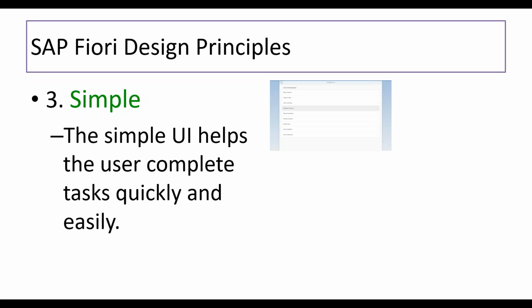So keeping that in mind, when you are designing, make sure you design for the user as simple as possible. Don't try to overwhelm with a lot of data. What is required to the user? You understand the requirement and develop the page in that simplistic way.